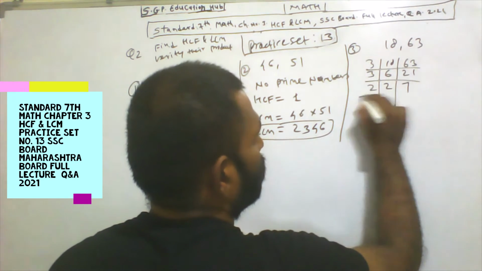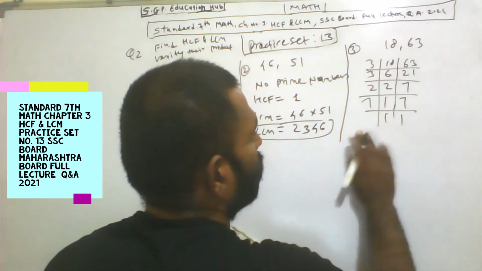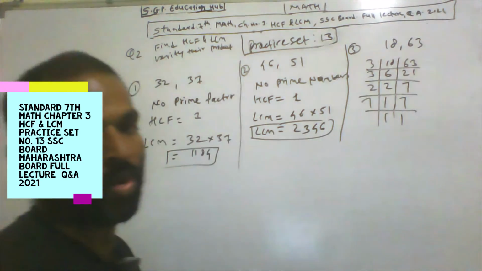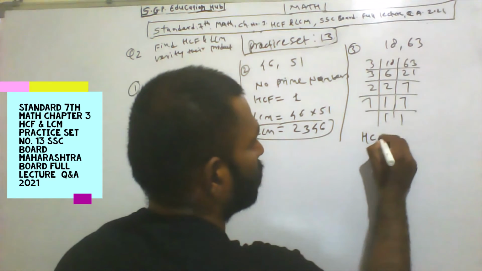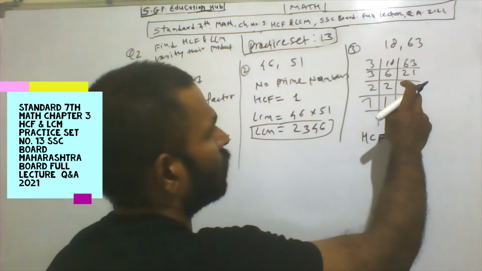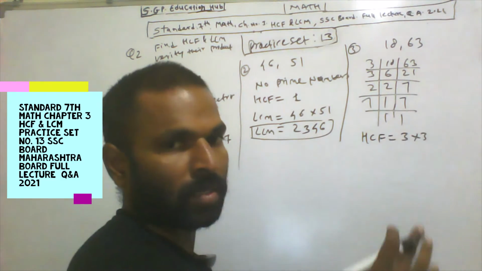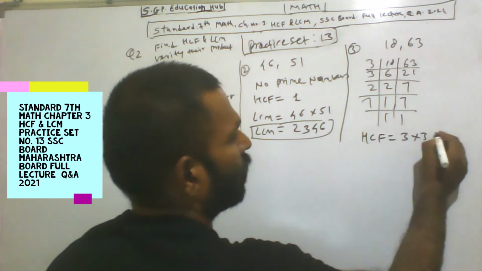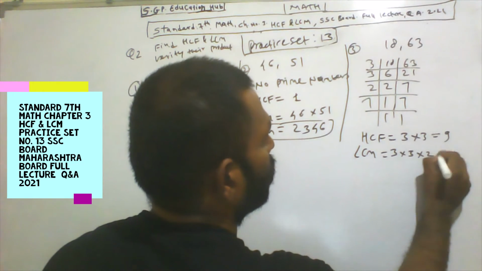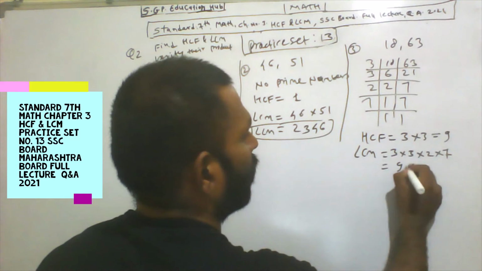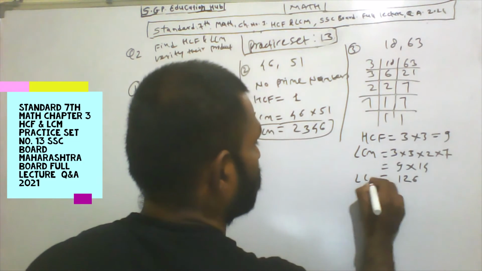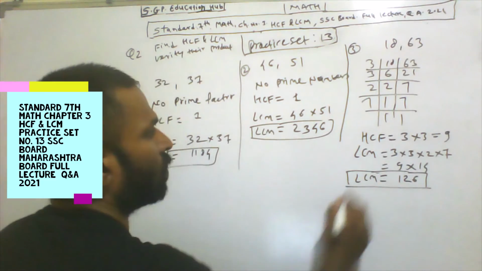Now 2 is 2 1s are 2, and 7 is 7 1s are 7. These two 3s are common factors of both numbers, so the GCF is 3 into 3, not 2 and 7, because 2 only divides 2 and 7 only divides 7. So the GCF is 9, and the LCM is 3 into 3 into 2 into 7, 9 into 14, which is 126. 126 is the LCM, GCF is 9.